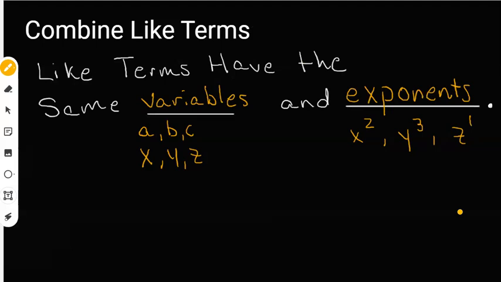They got to have the same variables, and they got to have the same exponents. So go ahead and write that down. And then in a minute, we're going to try some practice problems together.